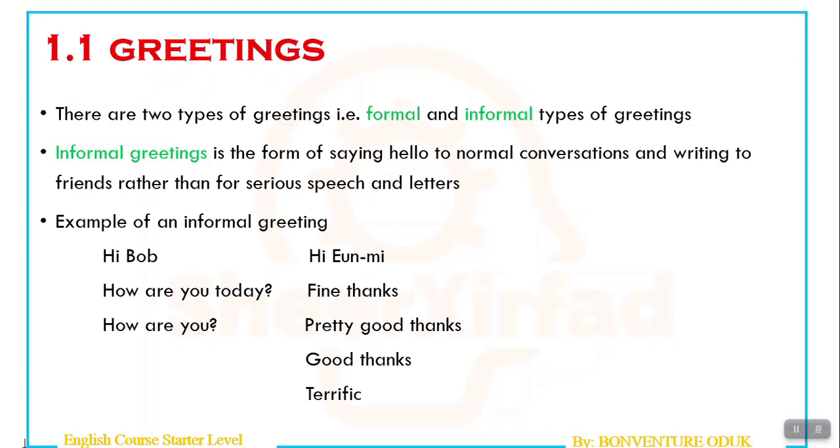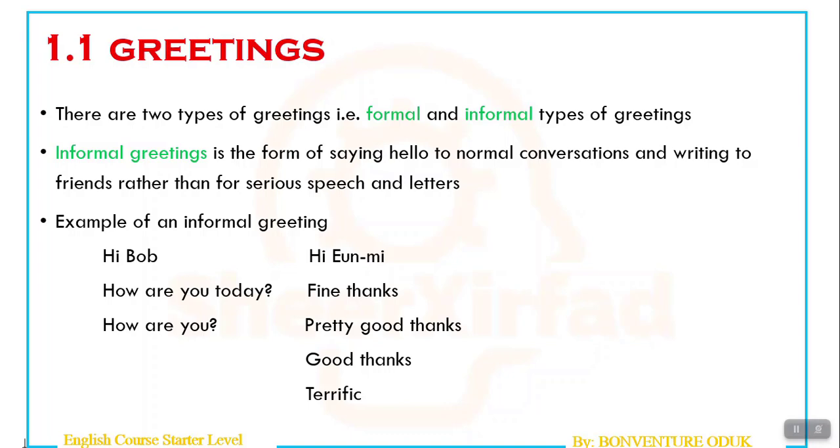Now, there are two types of greetings: formal and informal. Informal greeting is a form of saying hello in normal conversations and writing to friends rather than for serious speech and letters. I'll try to explain that before we move further.